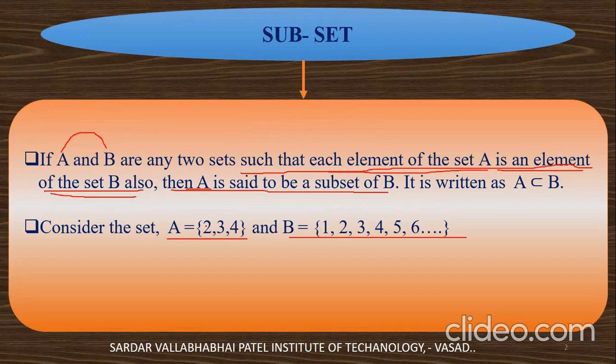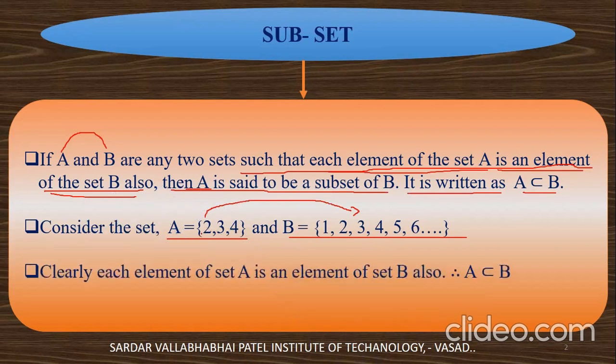So clearly we see that 2, 3, 4, all the elements are inside the set B. Therefore, A is a subset of B. So again, all elements of the set A are also elements of the set B. Therefore, A is a subset of B, and we write A ⊆ B.